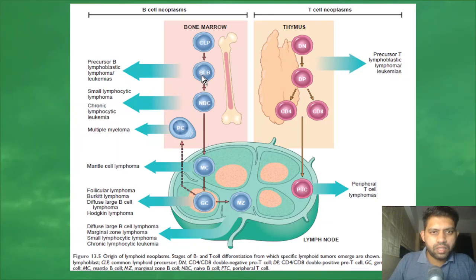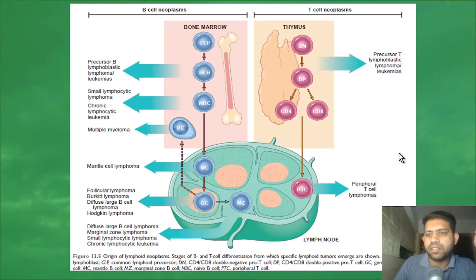Then once it starts dividing, small cell lymphoma, chronic lymphocytic lymphoma. Multiple myeloma, you can say, is almost a different entity because it is a neoplasm of plasma cells. We'll come to that later. Then T cell lymphomas arise from T cells.